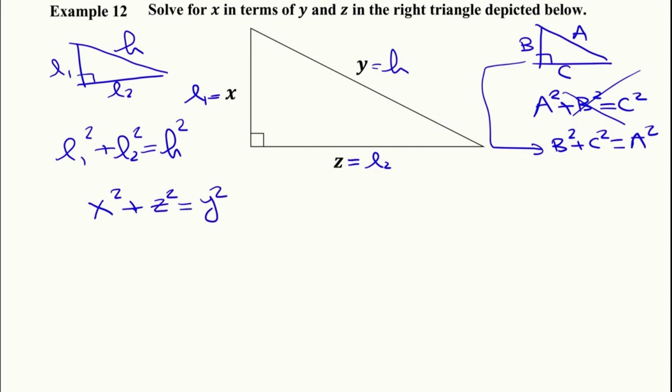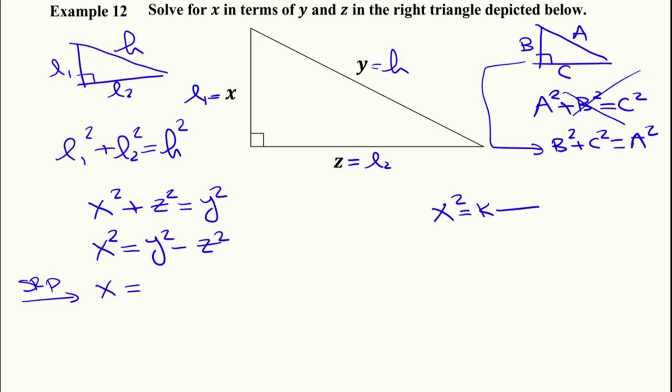Now we're solving for x, so we're going to go ahead and isolate it. So we get x squared equals y squared minus z squared. So we get x equals, now we're going to apply the square root property. Let me remind you, if x squared equals k, then x equals plus or minus square root of k.